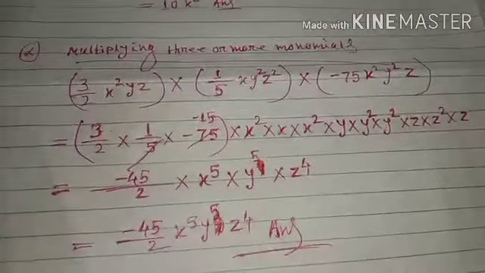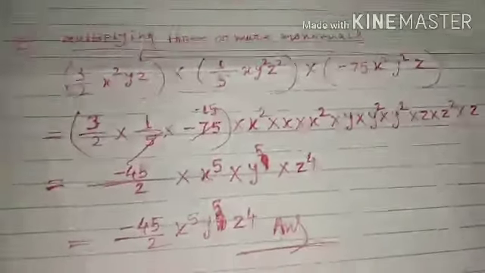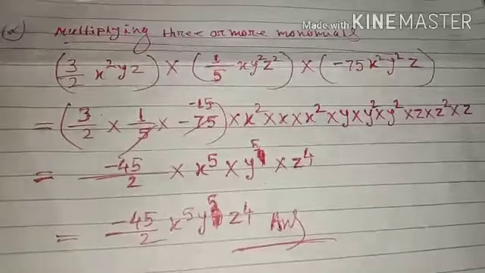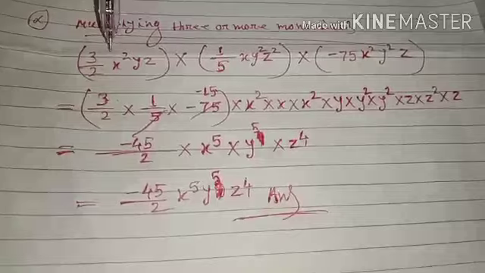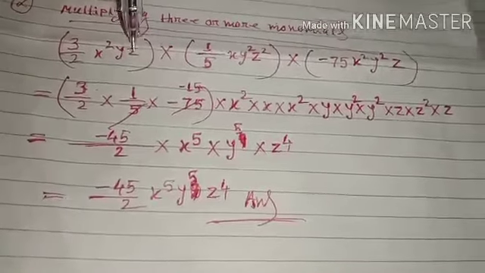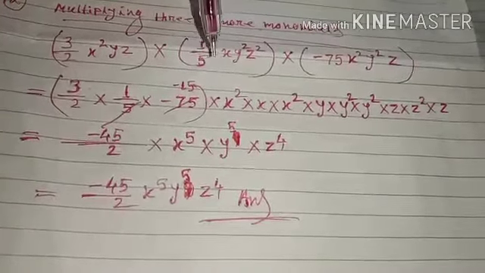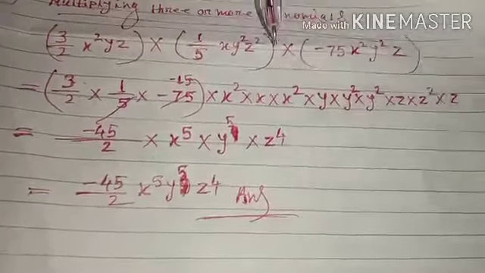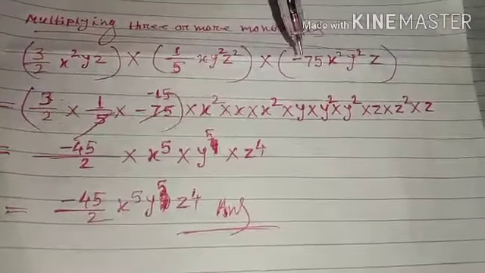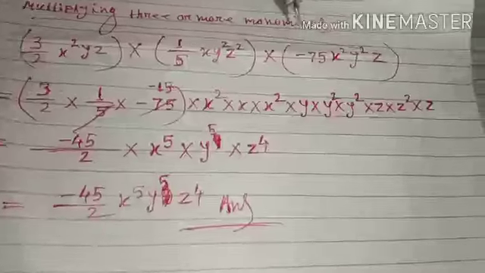So students, now multiplying 3 or more monomials. I am giving you one example here. You see, 3/2 x² y z into 1/5 x y² z² into −75 x² y² z.